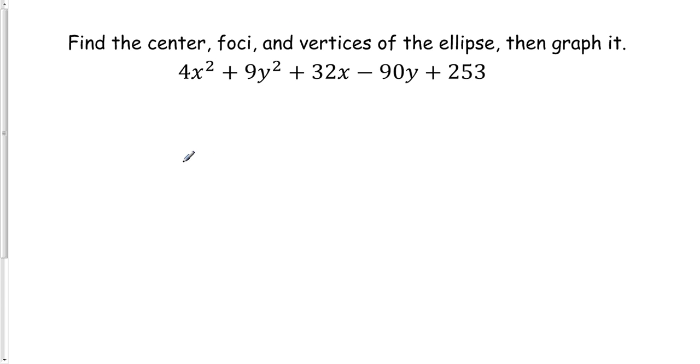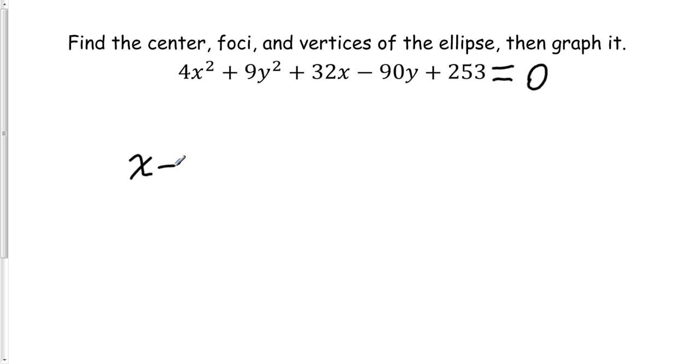We need to look at the form we want to put that equation in. Actually, this should be an equation, this should equal 0. I'm sorry. So that's the equation. We want to put that in this form right here.